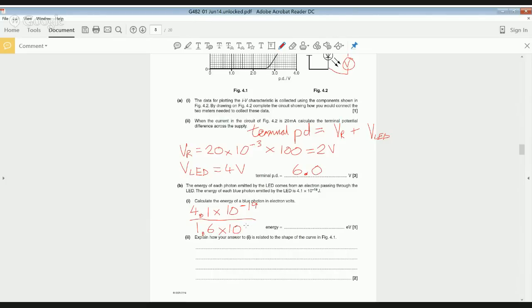One electron volt is 1.6 times 10 to the minus 19 joules. So doing this division gives us 2.56, or 2.6 electron volts.